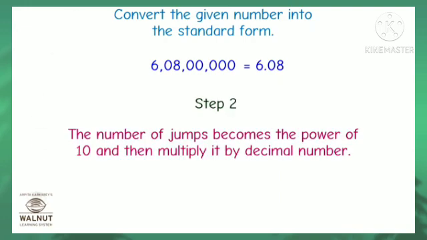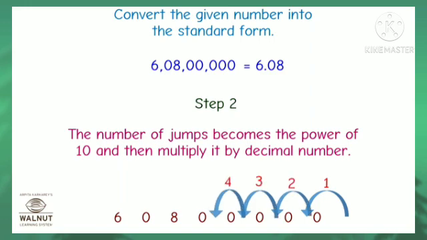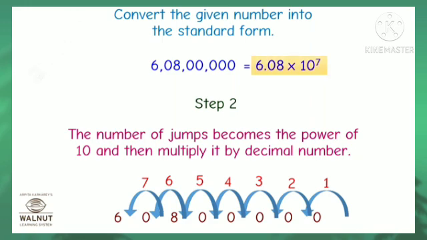The number of jumps becomes the power of 10 and then multiply it by decimal number. 1, 2, 3, 4, 5, 6, 7. So, 10 raised to 7. Hence, the number becomes 6.08 into 10 raised to 7.